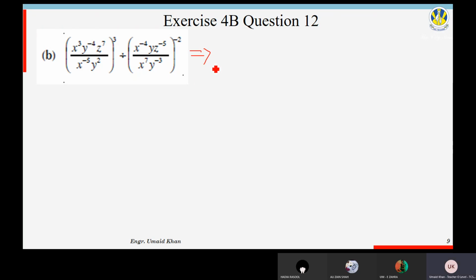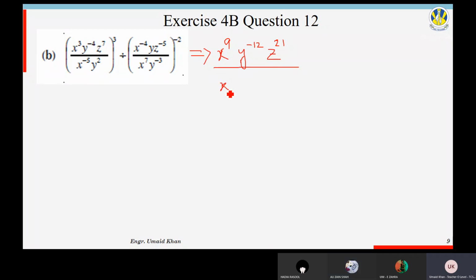Okay, very good. So the power of x will be, what is 3 multiplied by 3? It is 9, right? Sir, 9. The power of y will be minus 12. And the power of z will be 21. Okay, good.